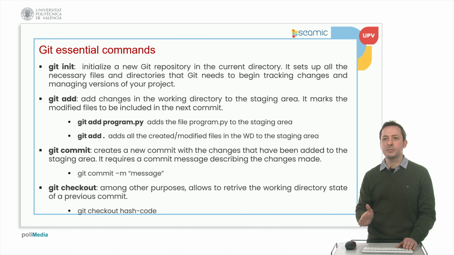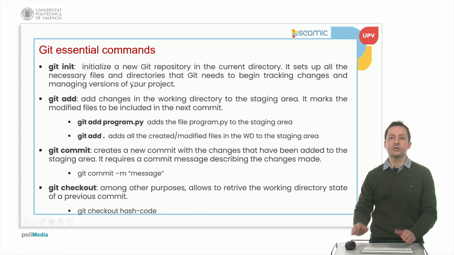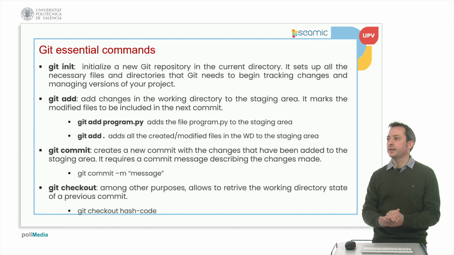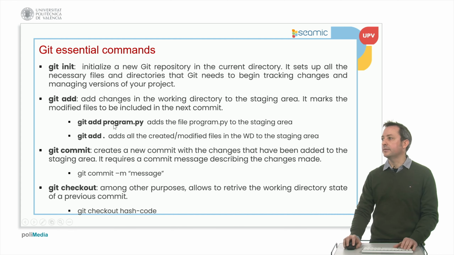After initializing the repository, we can perform operations such as git add in order to put files into the staging area for the next commit, and this can be carried out by adding here the name of the files that we want to add for the commit.